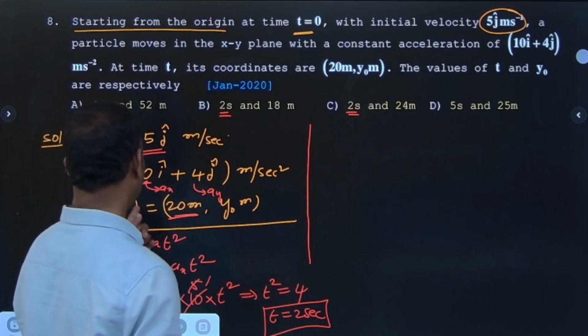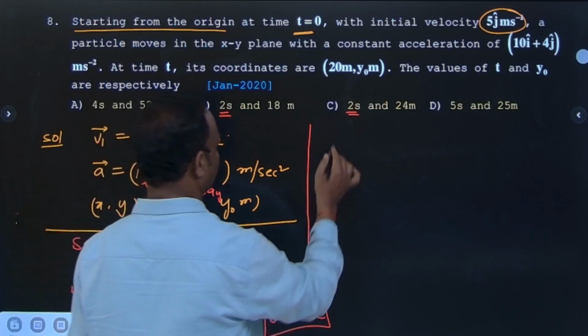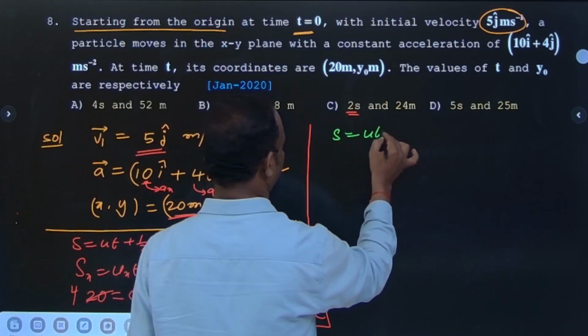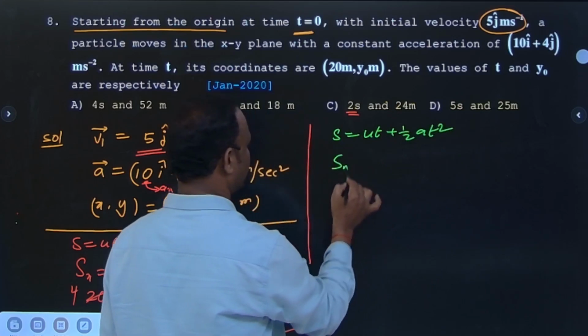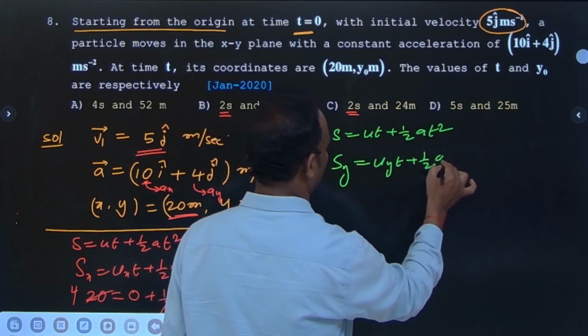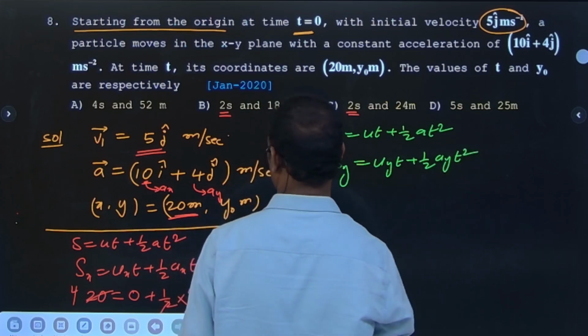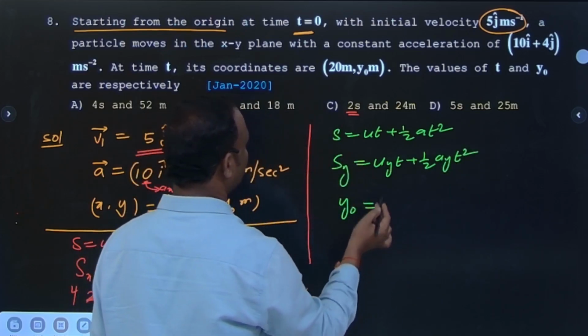So let us go along y. Using s is equal to ut plus half a t square along the y-axis. Sy is equal to uy into t plus half ay into t square. What is the sy? Y naught. What is the uy?